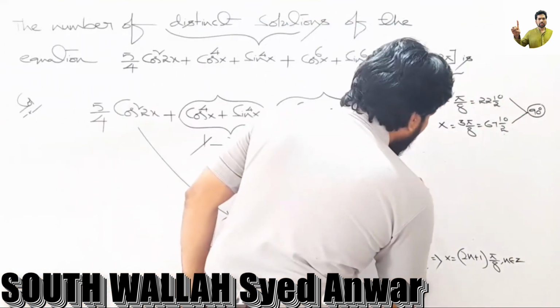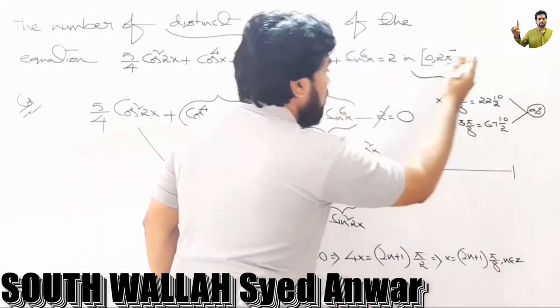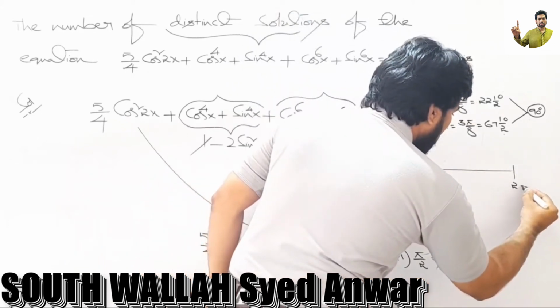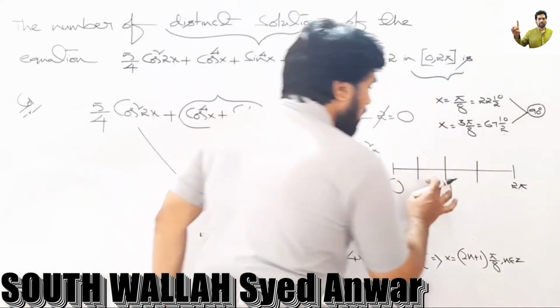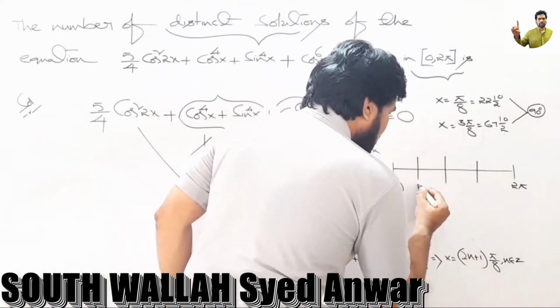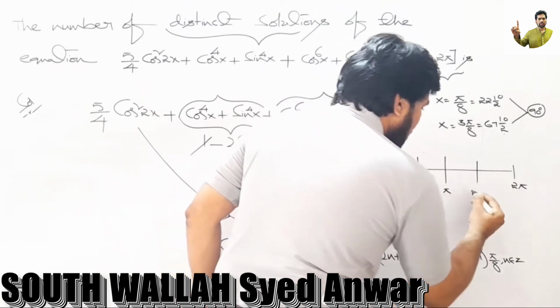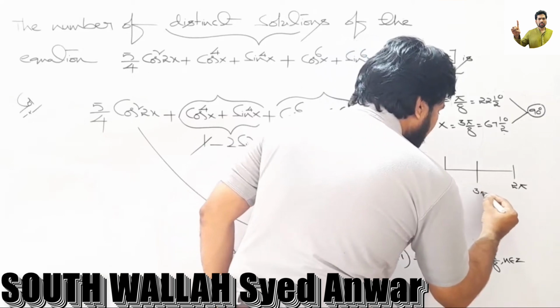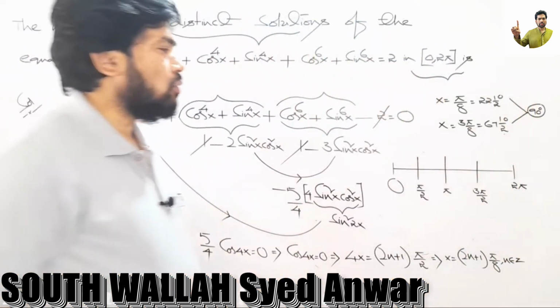The given interval is 0 to 2π. I have divided it into 4 equal parts here. First one, 0 to π/2. Second one, π/2 to π. Third one, π to 3π/2. And fourth one, 3π/2 to 2π. Like that I have divided.